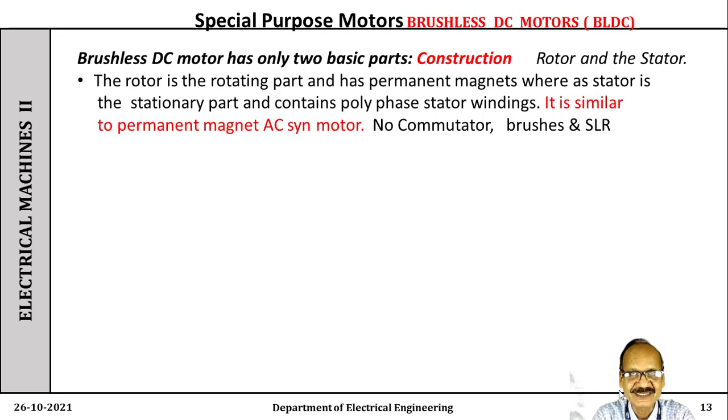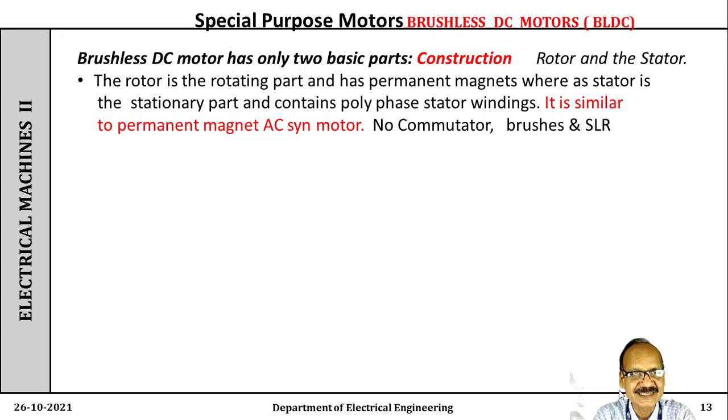Now let us look at the construction. Similar to the conventional motor, it also has a rotor and stator. The rotor, obviously a rotating part, has a permanent magnet placed on it, whereas the stator is a stationary part and contains only the polyphase stator winding on its salient poles.